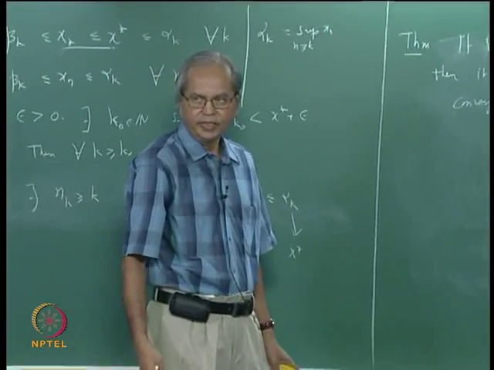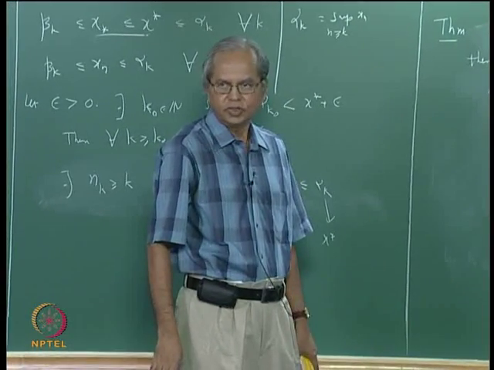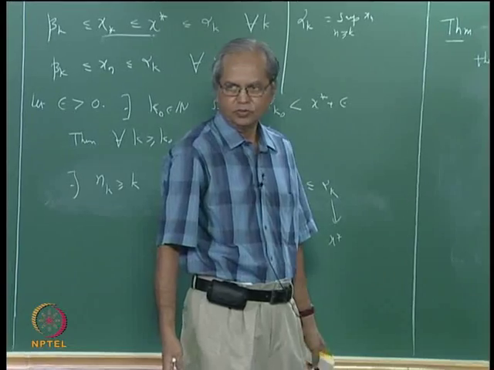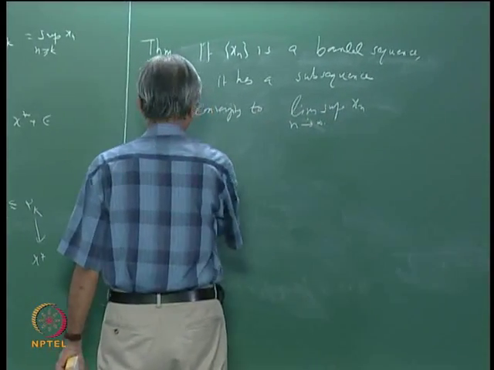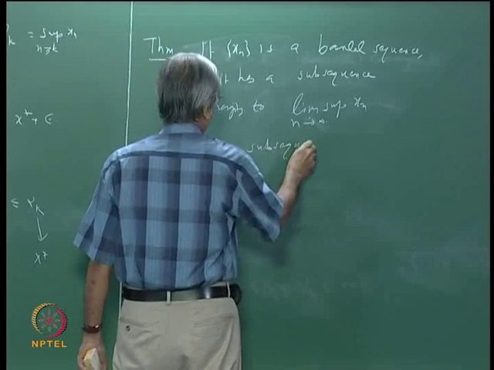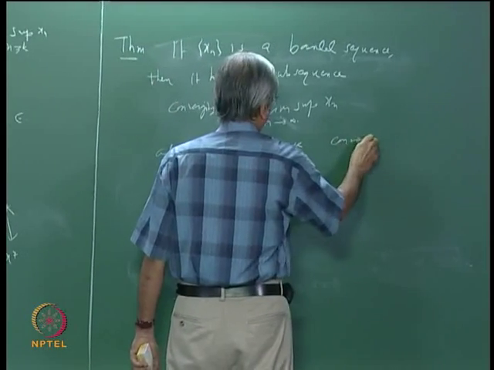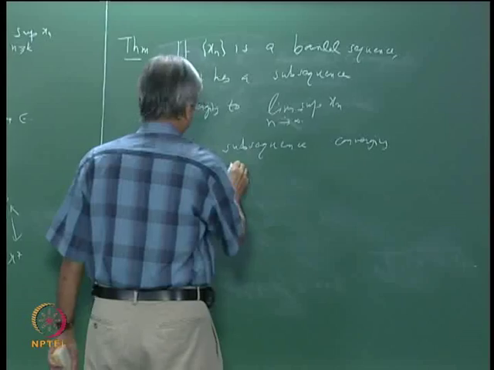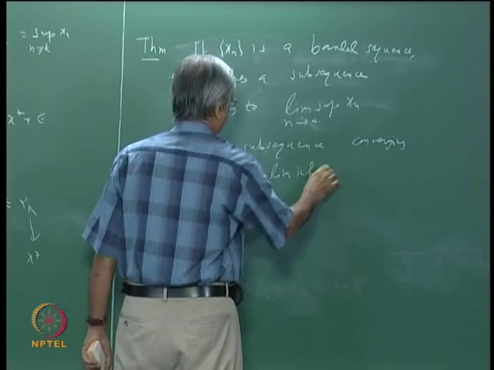In a similar way, we can also say that it also has a subsequence converging to limit inferior of x_n. Then it has a subsequence converging to limit superior and a subsequence converging to limit inferior of x_n.